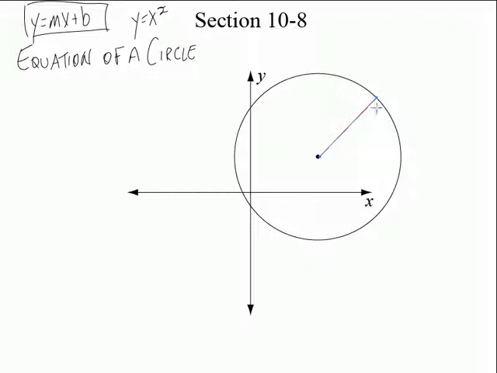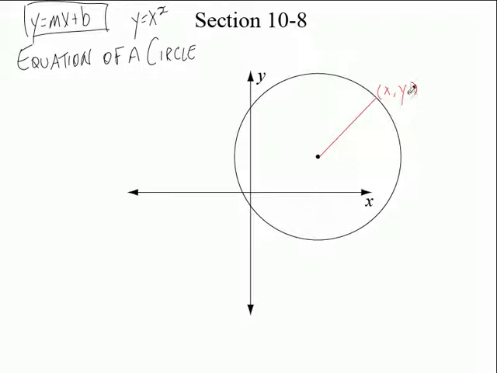Where does it touch the circle? Right at that point. I'm going to call that point any random point on the circle. I could have drawn the radius to any of these points, couldn't I? I just chose that particular one. It has nothing to do with being 30 degrees or 45 degrees. We don't know anything about it. It's just any general point on that circle.